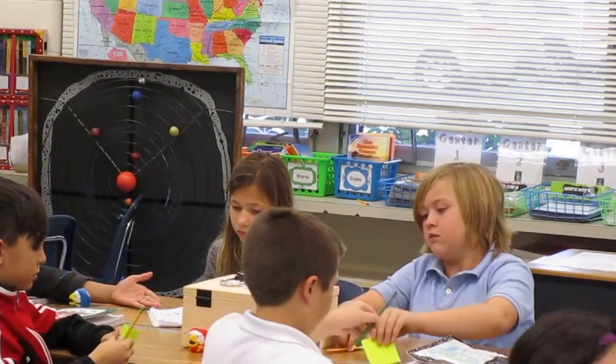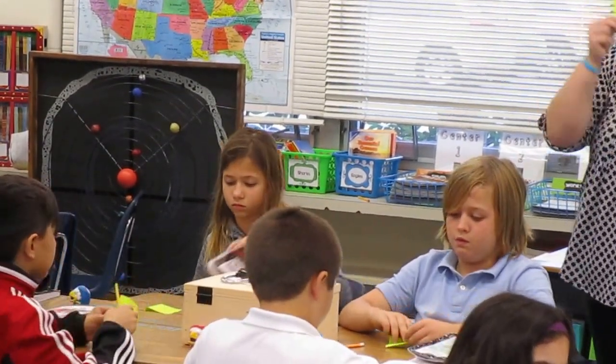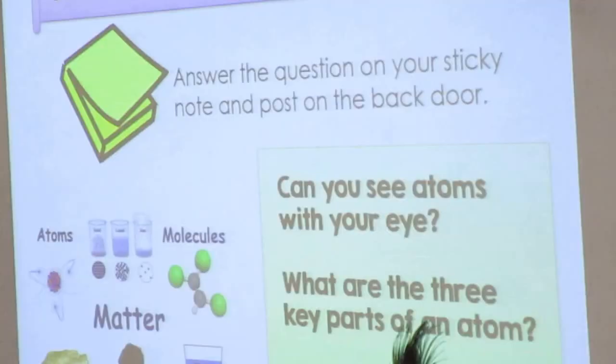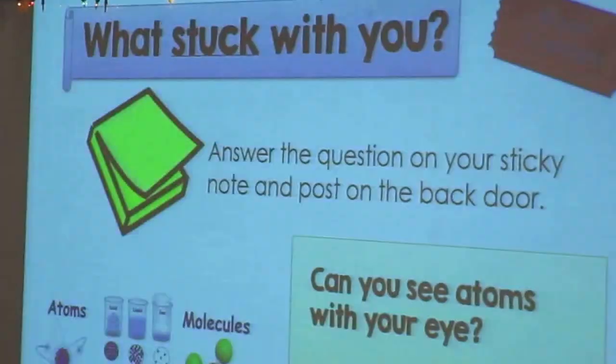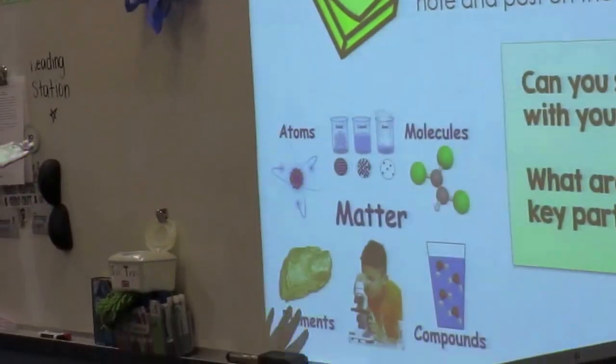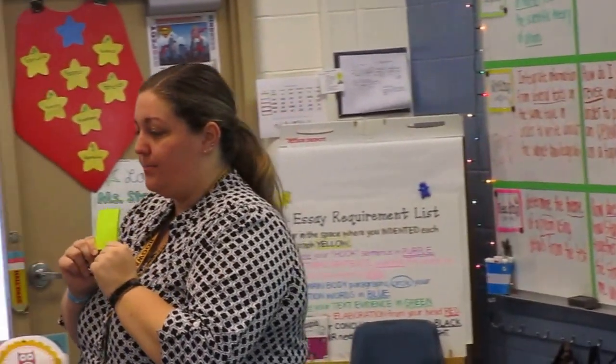Take one, pass it around. Go ahead and put your name in the top corner. Take one, pass it around. You have 2 questions to answer. Can you see atoms with your eye? If so, say that. If not, say why you cannot. Number 2, what were the 3 key parts of an atom?